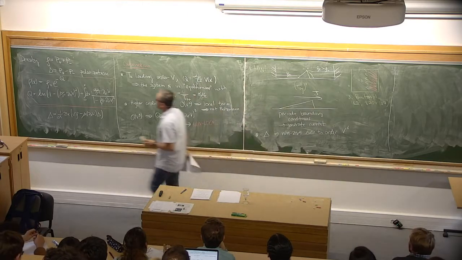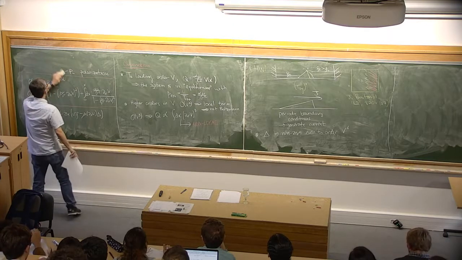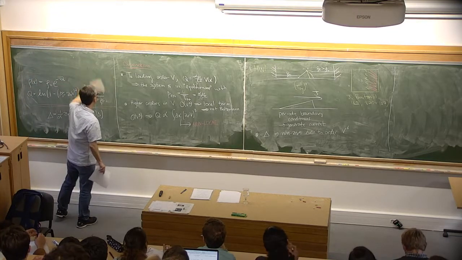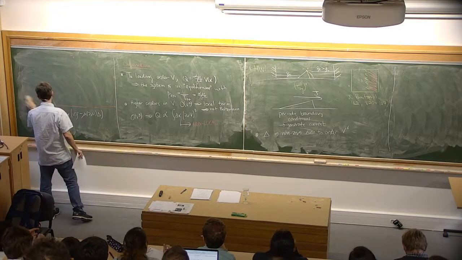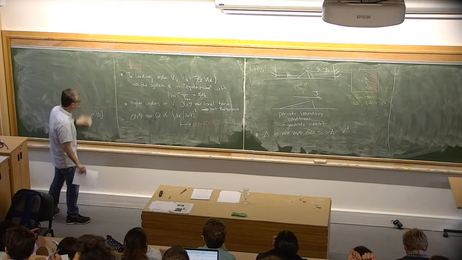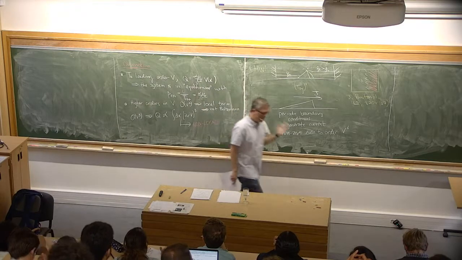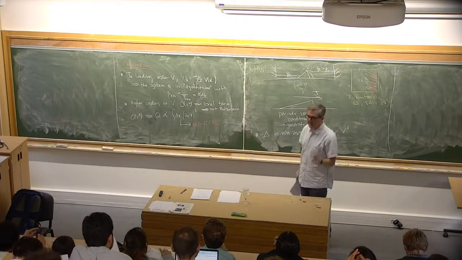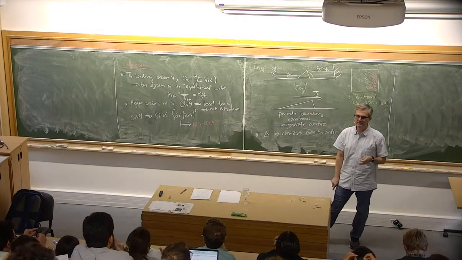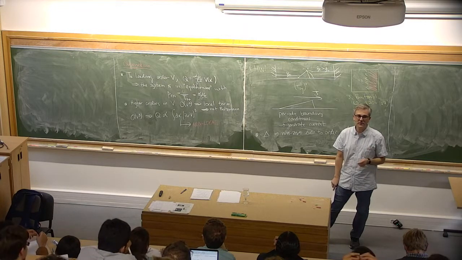So what I want to do is address the question of when do we have an equation of state and why do we have an equation of state. Now, if you remember, one of the conclusions was that if we have momentum conservation, things look nicely. Things are very, very simple.